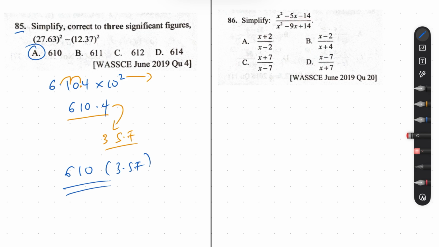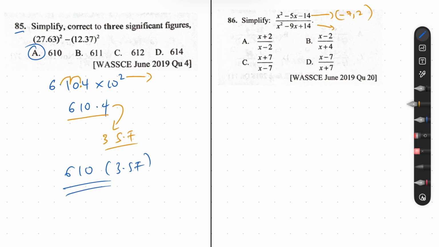Those factors are -7 and 2. When you add -7 and 2, you have -5, and when you multiply them, you have -14.